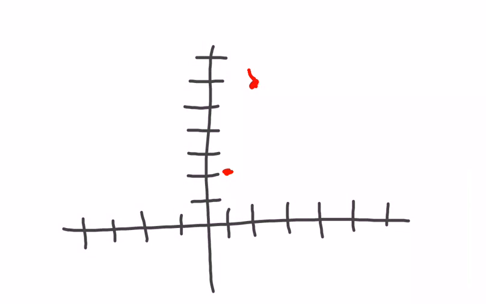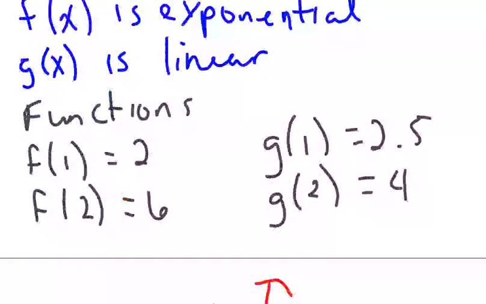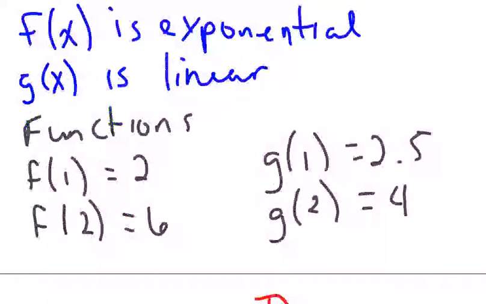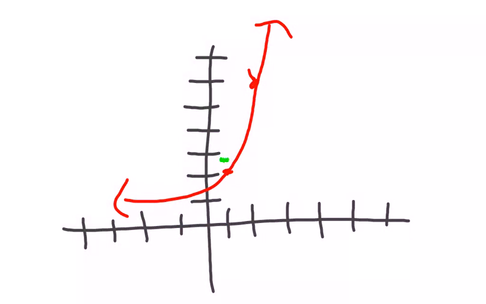So about here. So this one looks like this. The other one says they plugged in 1 and got 2.5. So about right there. And then they plugged in 2 and got 4. And this one's linear, so it's a straight line through there.